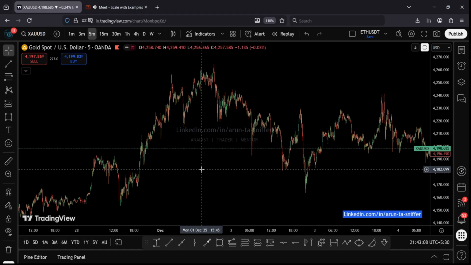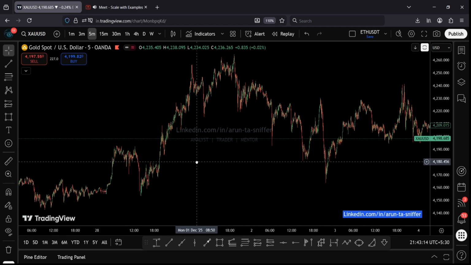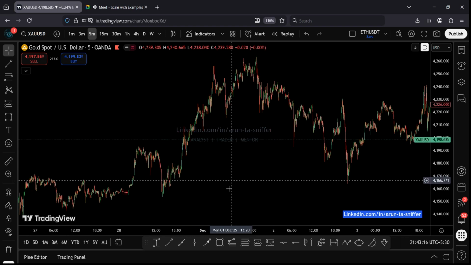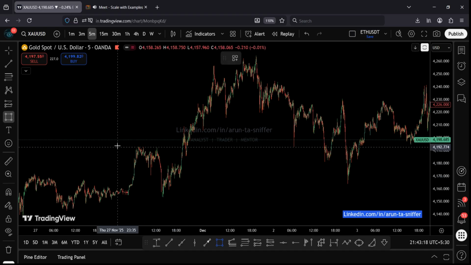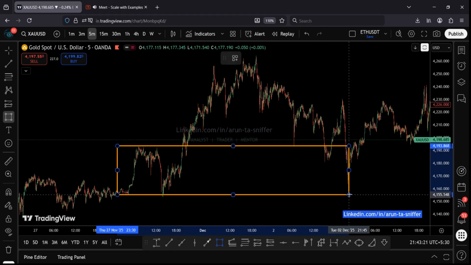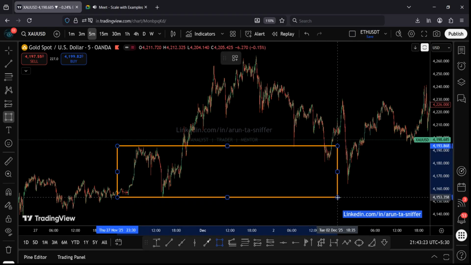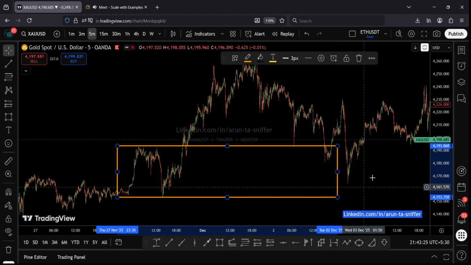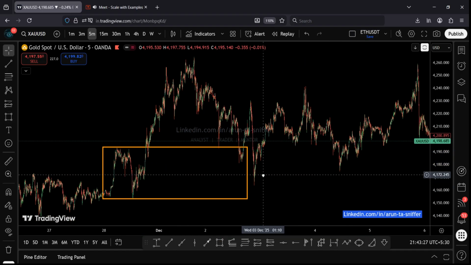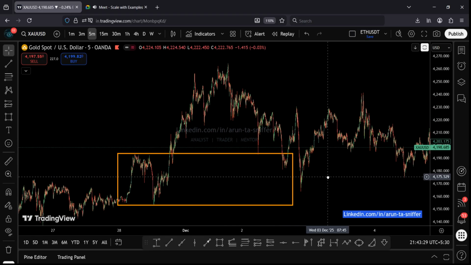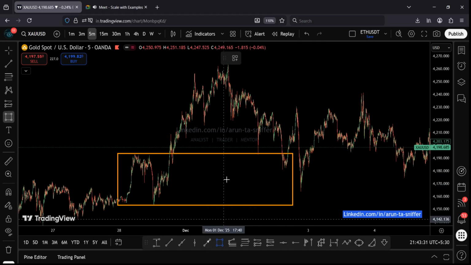Here we have an example of RS and a deeper reaction like this. Focus on this zone here. Okay, and focus on this zone here.